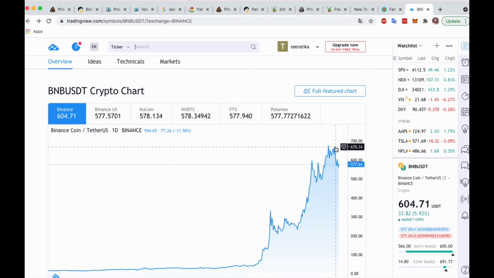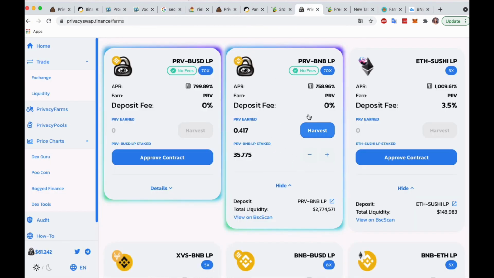In this chart, I want you to take notice that if anyone feels that, say, I saw Elon Musk make a tweet, I know for a fact that BNB might get affected when all these other ones are going down, when Bitcoin is going down, when ADA is going down, when Ethereum is going down. The next logical thing is BNB will go down as well because the overall market sentiment is bearish. If that is the case, a very good strategy is that you may want to get out of the farm for the PRV BNB and switch to a PRV BUSD.